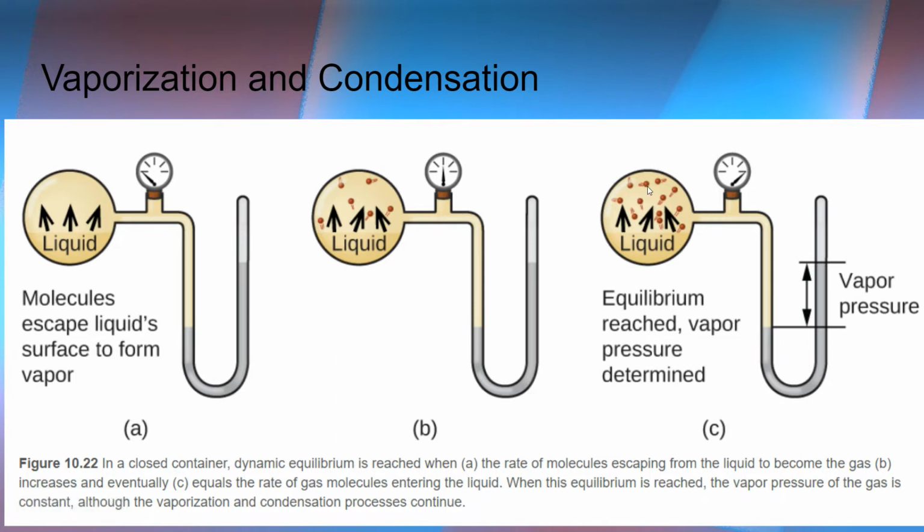So you'll see particles are going to vaporize, and then also some of these vapor particles are going to condense and go back to the liquid. So you'll see some droplets collecting on the sides of this container, and those droplets will move down back into the liquid. So you're going to see an equal amount of particles becoming vapor and an equal amount of particles becoming liquid at that stage in equilibrium.